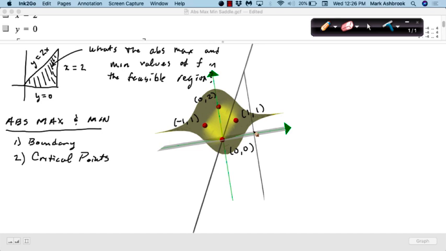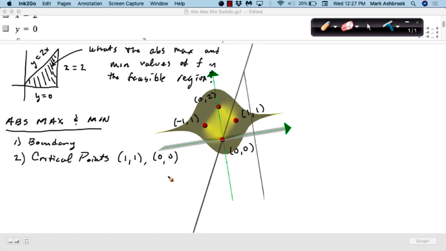But in terms of critical points, which ones do we care about? Only 0, 0, and 1, 1 matter, right? These are outside of the feasible region. 0, 2 and negative 1, 1 are outside of my feasible region here. So all I'm going to care about for that is 1, 1, and 0, 0. Those are the first two candidates for absolute max and absolute min, if we didn't know that 1, 1 was a saddle point, right?